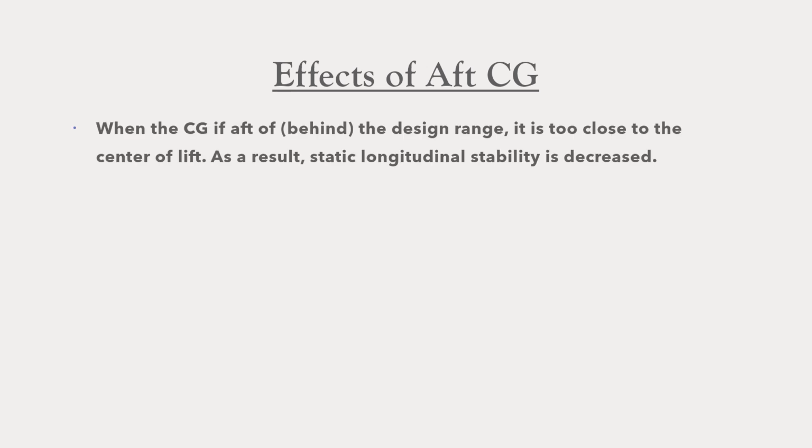So what happens if the center of gravity isn't where it's supposed to be? If the center of gravity is behind the design range, that means it's too close to the center of lift, or in an extreme case, actually behind the center of lift. As a result, that static longitudinal stability is decreased.